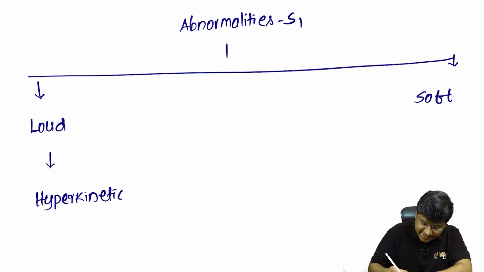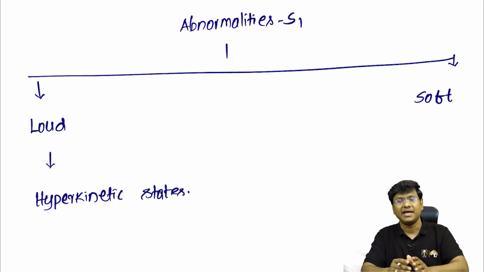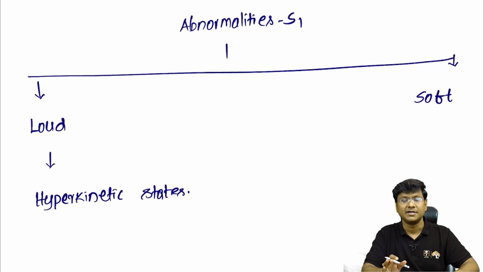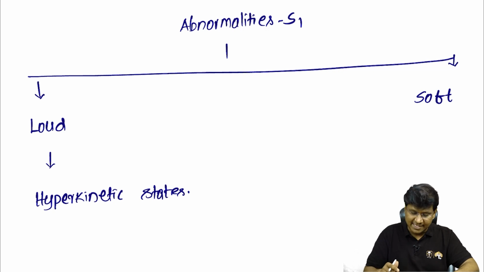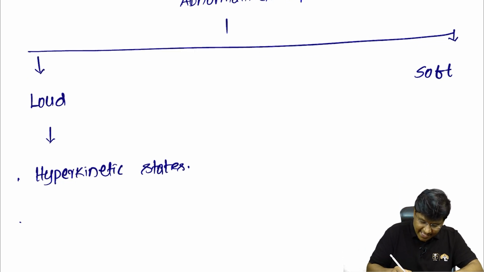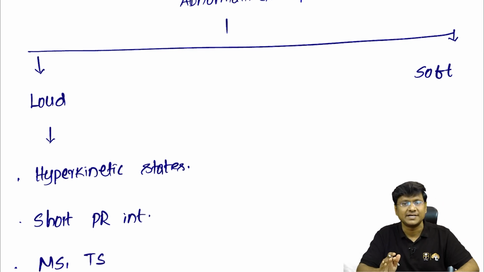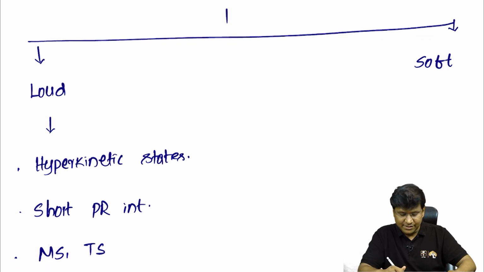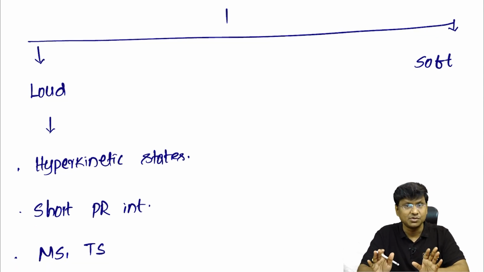They include anemia, thyrotoxicosis, beriberi, AV fistula, pregnancy, fever, and Paget's disease of bone. And in conditions like short PR interval, you will have a loud S1, and in valvular diseases like mitral stenosis and tricuspid stenosis, you will have a loud S1. So these are the conditions where you will have a loud S1.